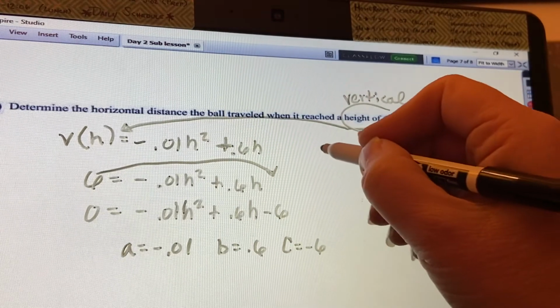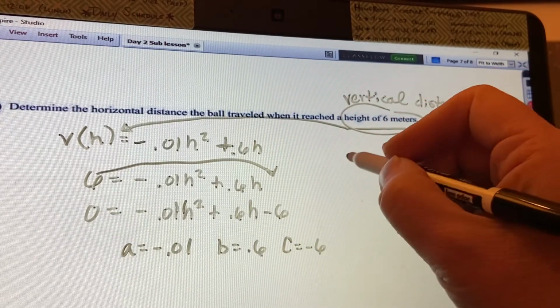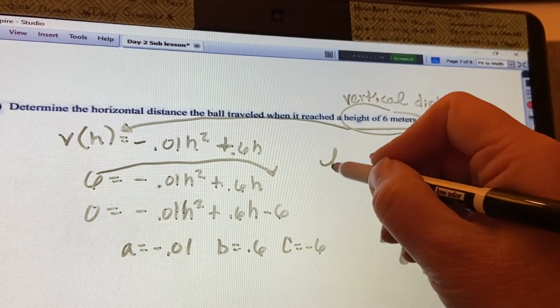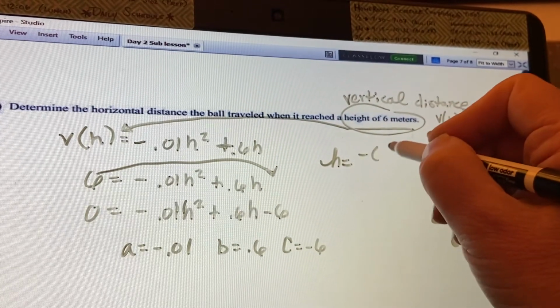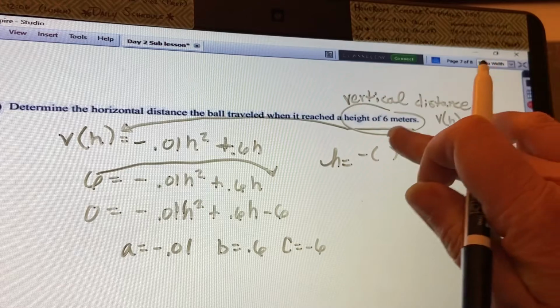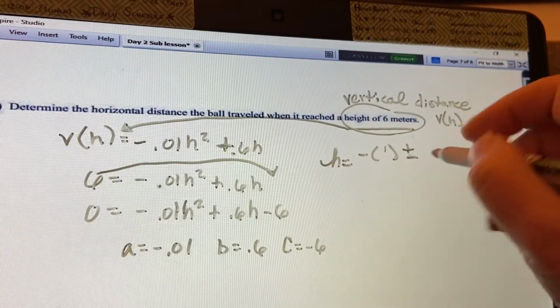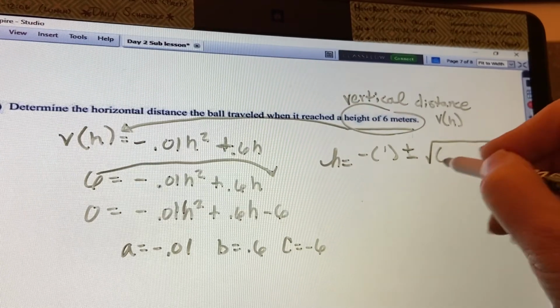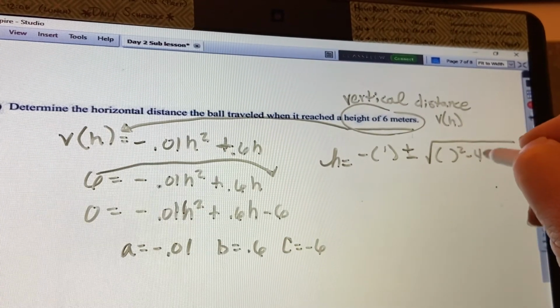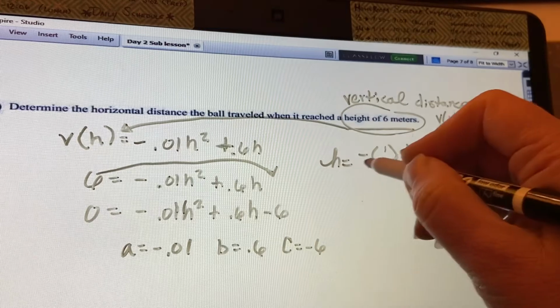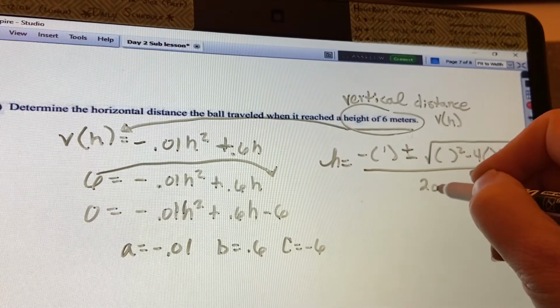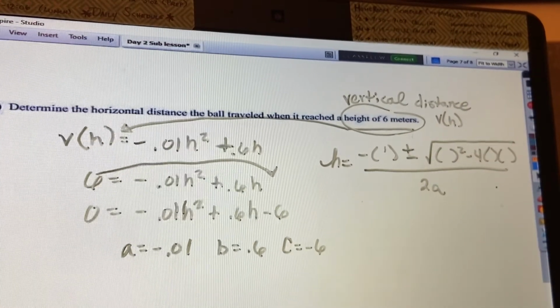And we'll substitute that in. We're not saying x equals, we're saying h equals negative b plus or minus the square root of b squared minus 4 times your a times your c all over 2 times a. And we'll substitute those values in.